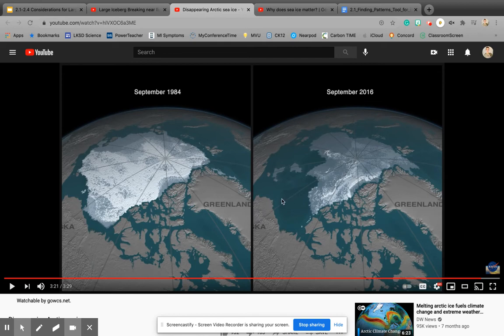But if we don't have any new ice that survives, then we're just relying on old ice, but the old ice keeps melting. And so this is the scenario that we're in when we look at comparing 1984, where we have a lot of really old ice, to 2016, where there's not a whole lot left, right? I thought that was a really interesting phrase, saying it goes from a nursery to a graveyard.